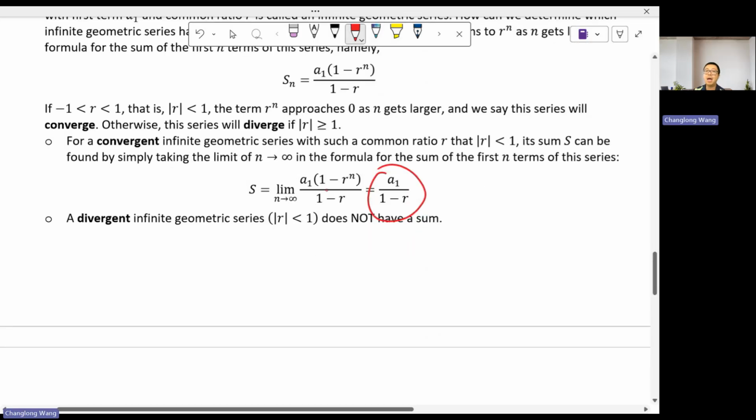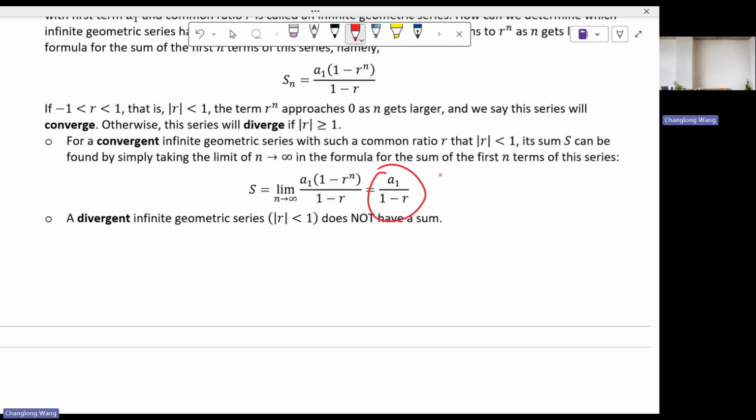All right, so let's see what's happening here. If you want the sum of infinitely many terms, that means you're going to make n as big as you want. But what happens to r to the n when r is a small number? You saw that it was 2/3, a small number, less than 1.